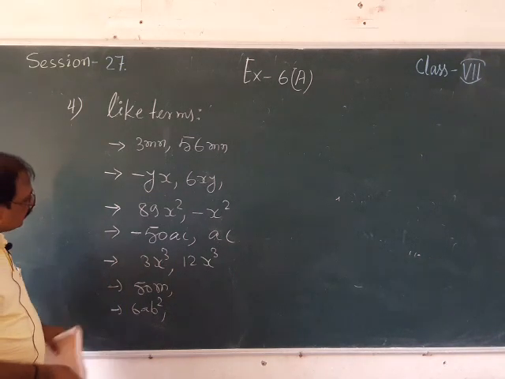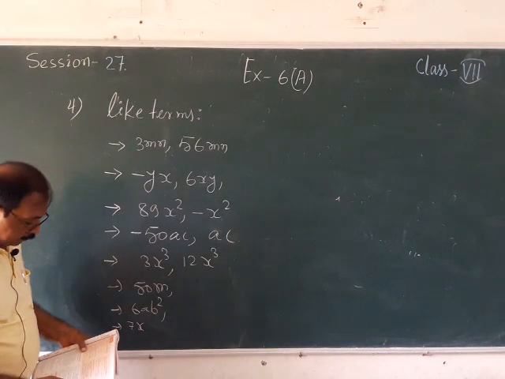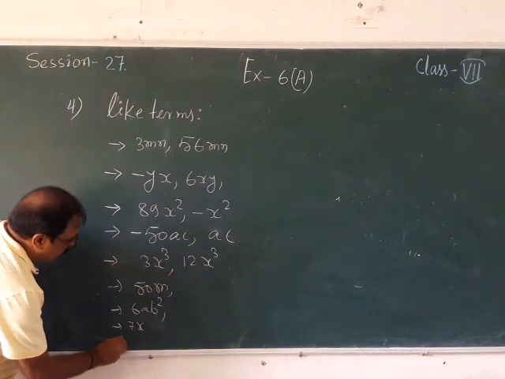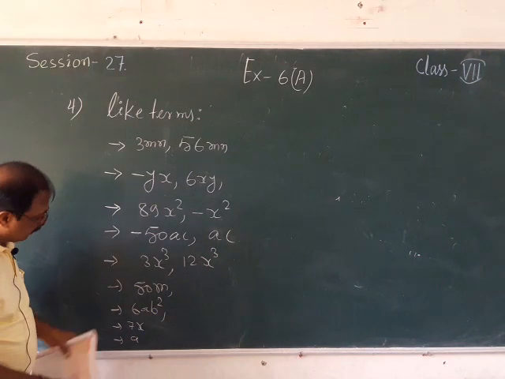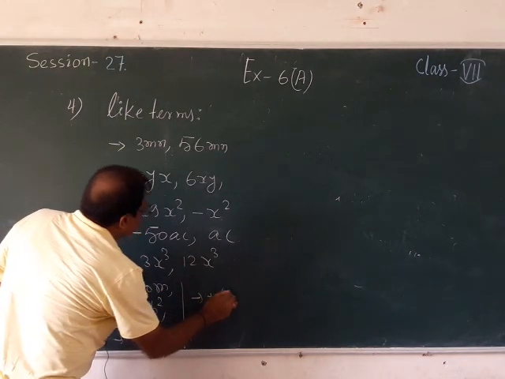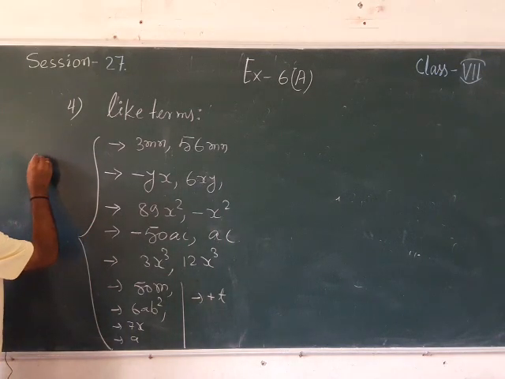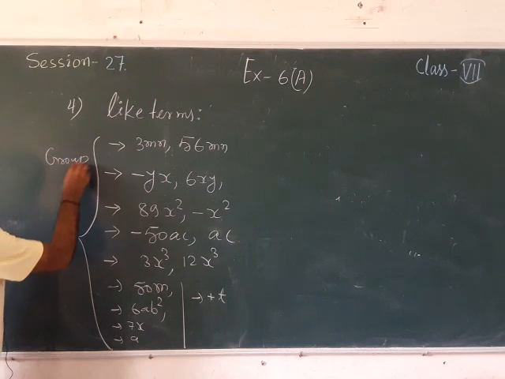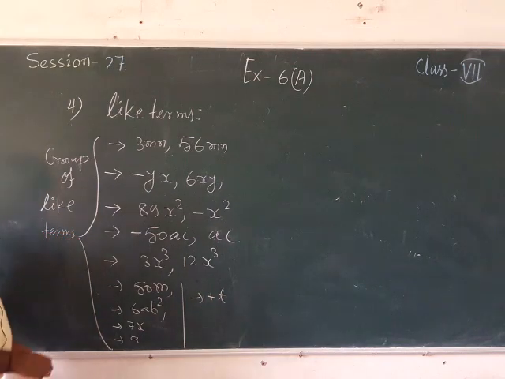Then 7x is also single there, minus a is also single there, then plus t is also single there. So here I have written the groups of like terms.